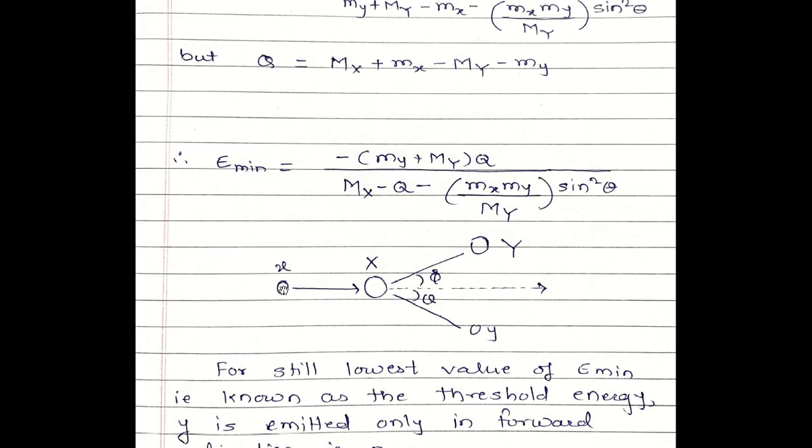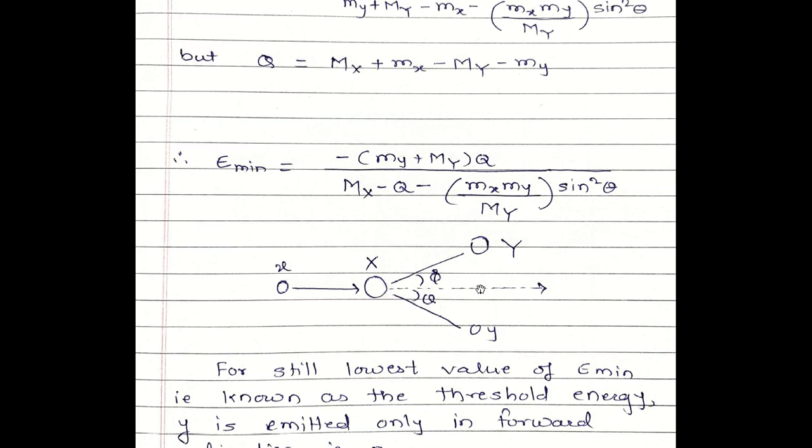The value of this E x is so small that the product particle that has been formed does not have enough energy to go in any other direction. It will carry its original direction.